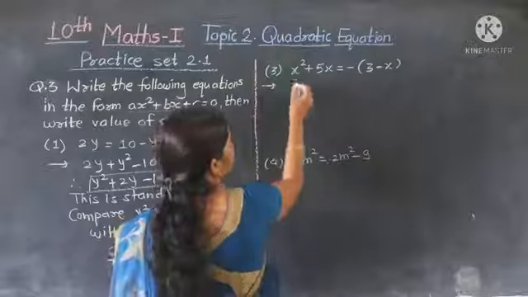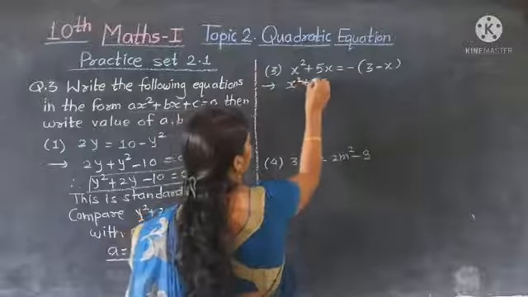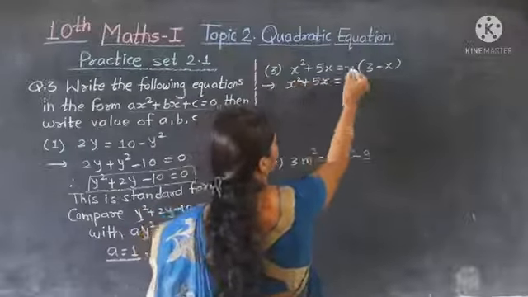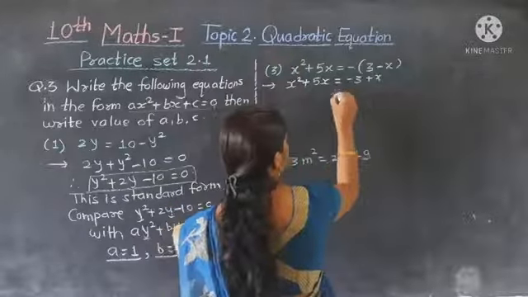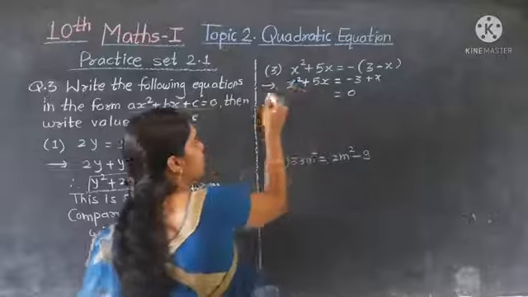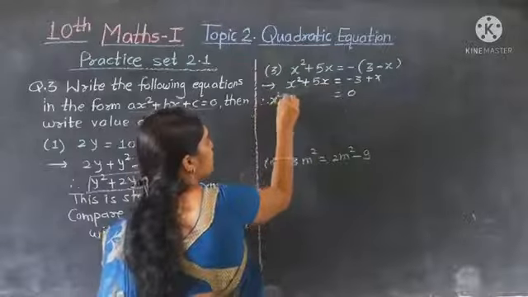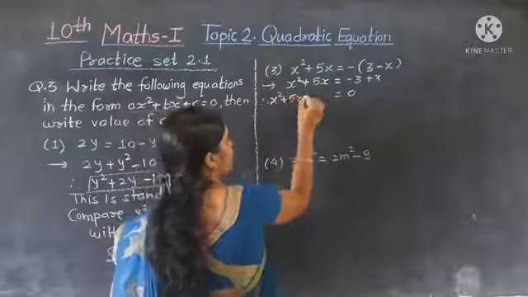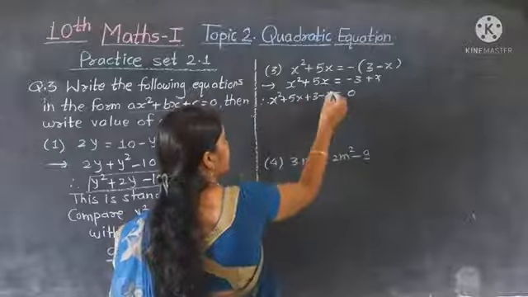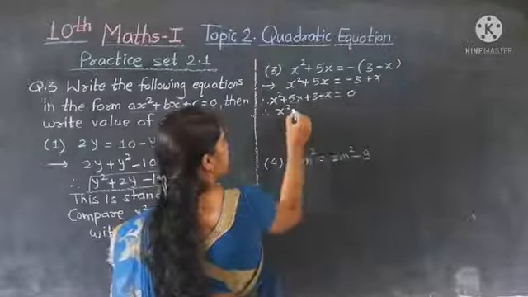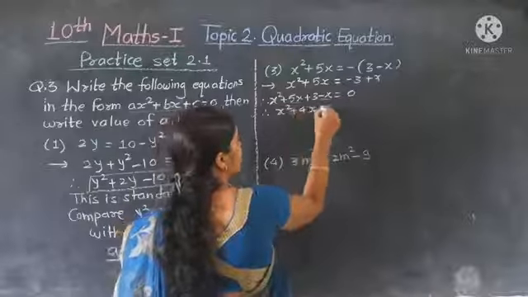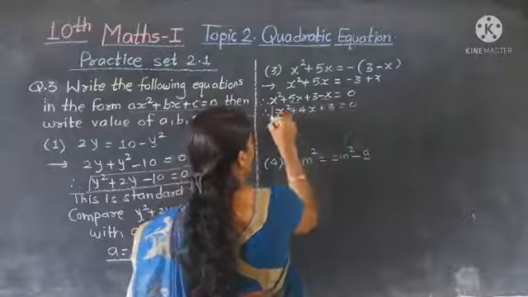Similarly, see the third example. You write this as simplified: x square plus 5x is equal to minus 3 minus x. Take all the terms to the LHS: x square plus 5x, this becomes plus 3 and plus x. That is x square plus 5x minus x is 4x plus 3 is equal to 0.